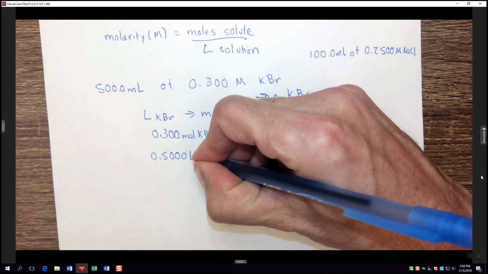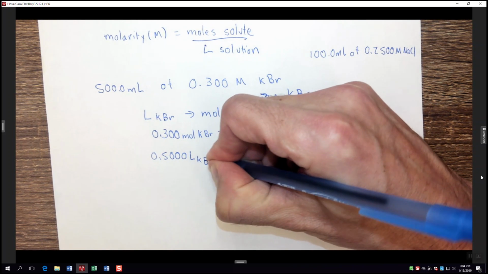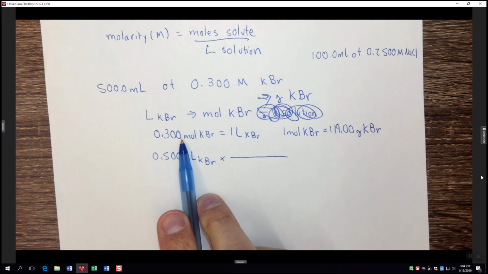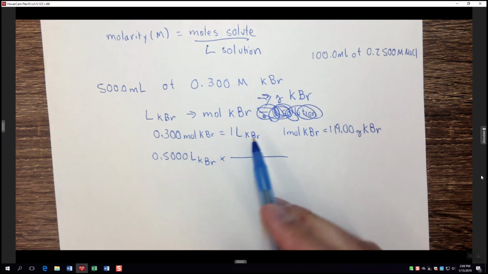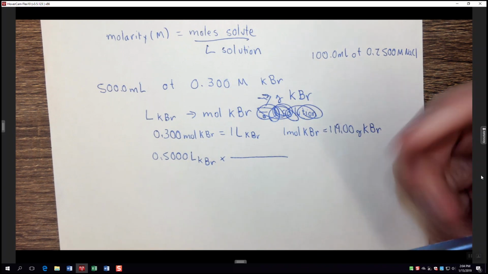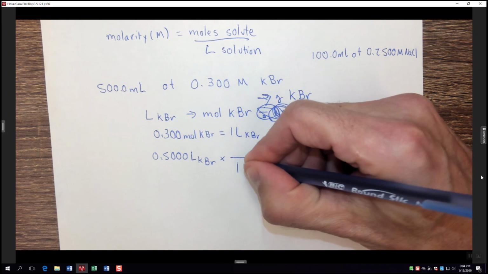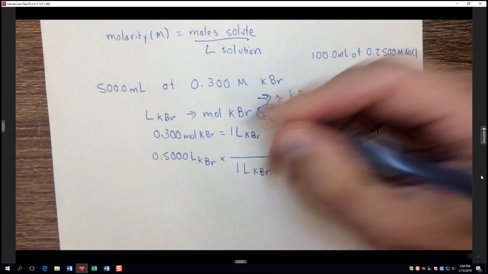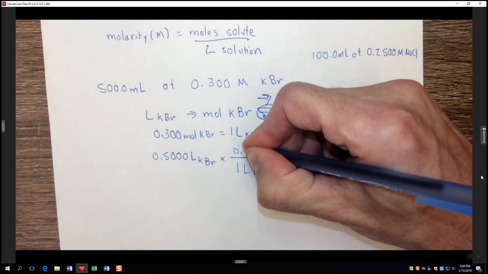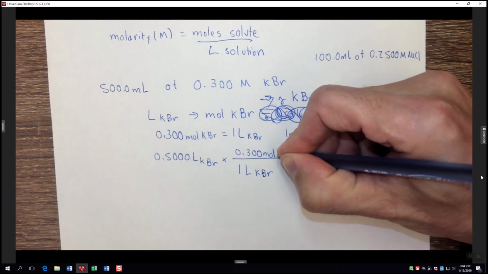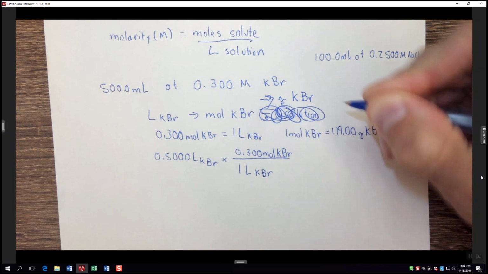So I want to convert from liters of KBr to moles of KBr to grams of KBr.